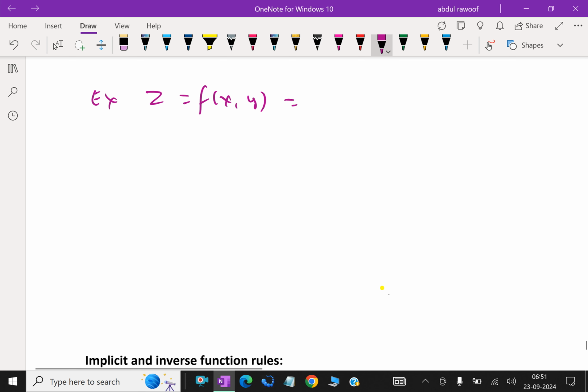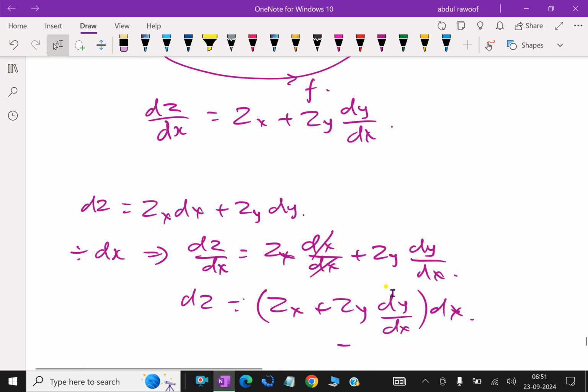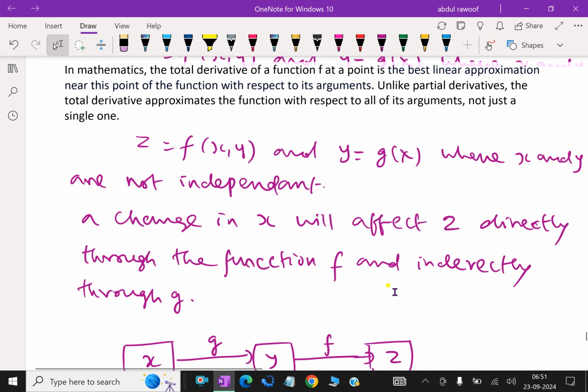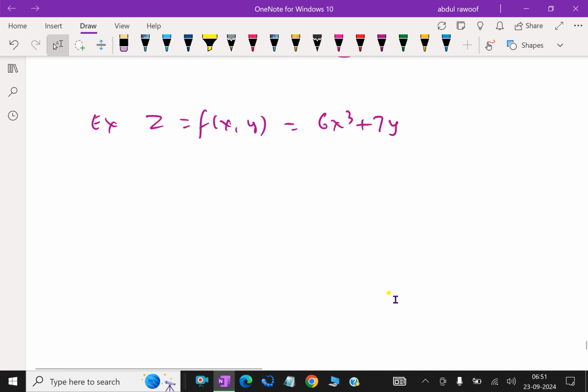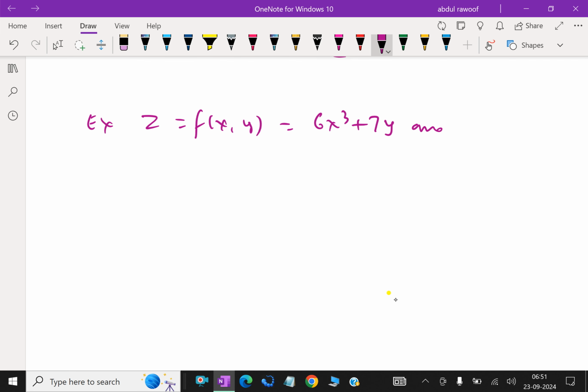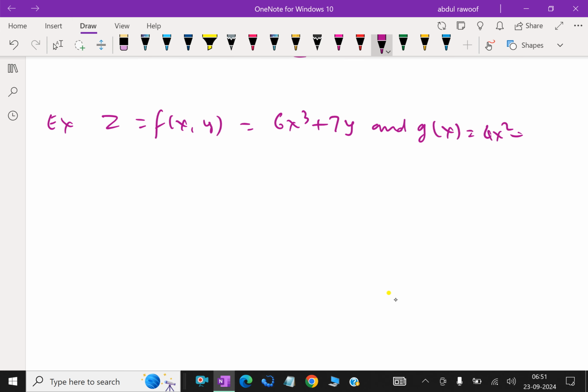How to find the total derivative? Here, look at where y equals g of x, which is equal to 4x square plus 3x plus 8.